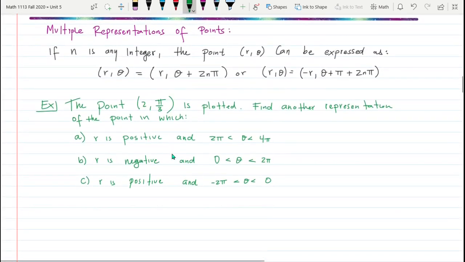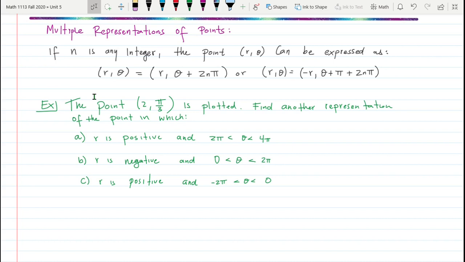So this kind of takes us to the next topic, which is multiple representations of a point. The way I explained it to you on the previous example, by thinking, I can graph the positive of it, but then at the very end, remember to take into account the negative, right? So what I showed you was pretty much an example of the multiple representations that a point can have.